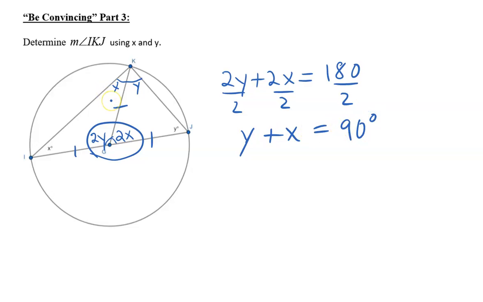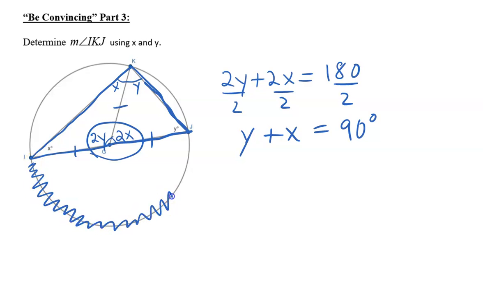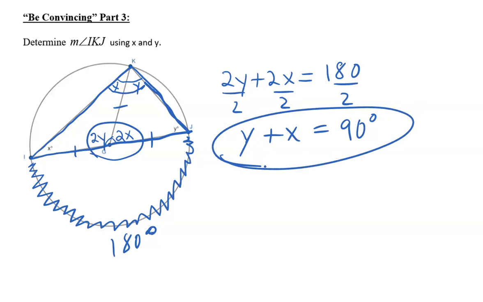So what we're showing here is that when we have a diameter and we have an inscribed angle drawn as such, so that the intercepted arc is right here, which is actually a semicircle, so this is 180 degrees. This inscribed angle is always going to be equal to 90 degrees.